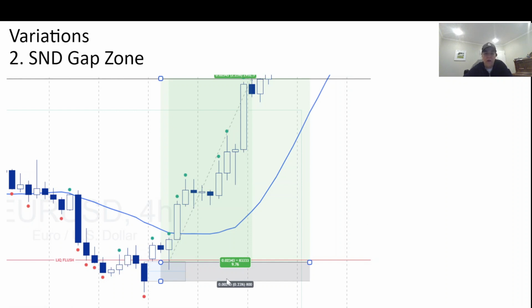So this way we got a great RR, and actually this trade within 2 days ran to close to 10 RR. Like I was saying, on these liquidity flush trades in the 4-hour, we can sometimes get really, really good RRs, and we leave these to run to target.